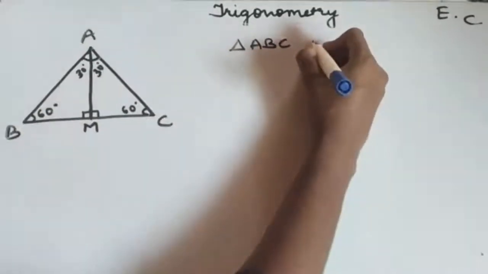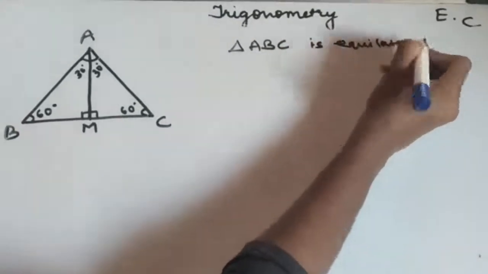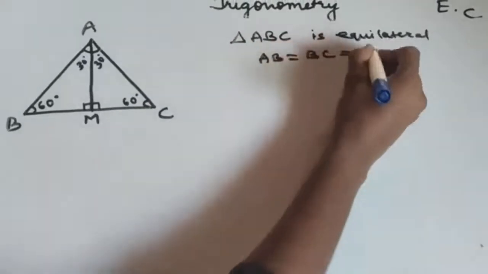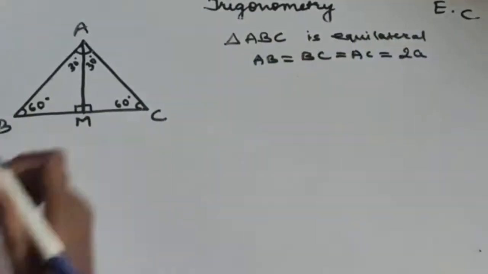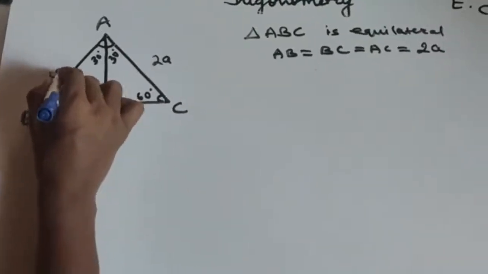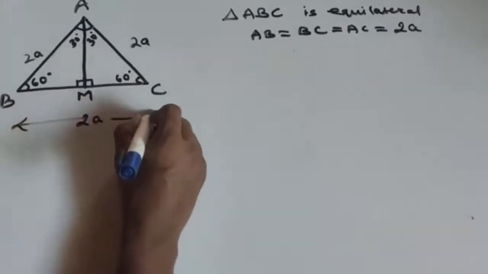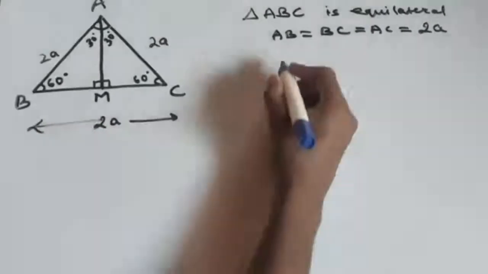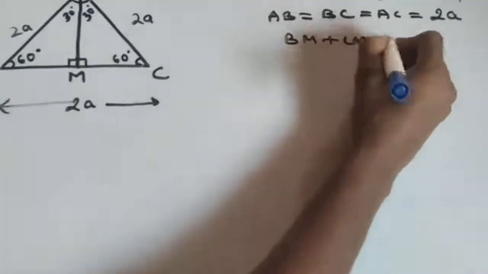Since triangle ABC is equilateral, AB equal to BC equal to AC. So let's take a value 2A for all the sides. AC will be 2A, AB will be 2A, and BC will be 2A. So if BC is 2A, here BM plus CM is equal to BC.